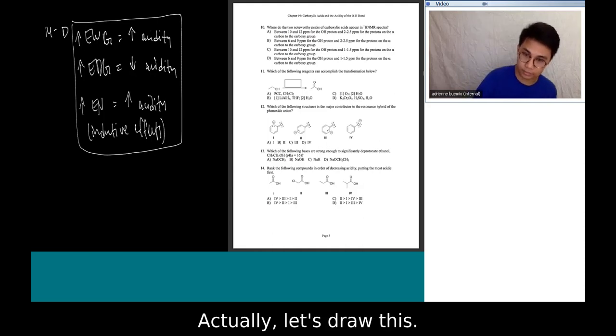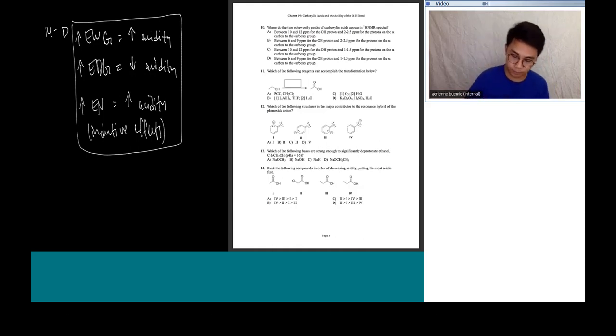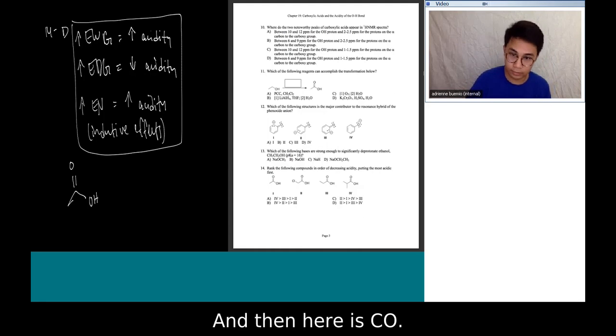let's draw this. 4, does it have withdrawing groups or donating groups? And then here's Cl.